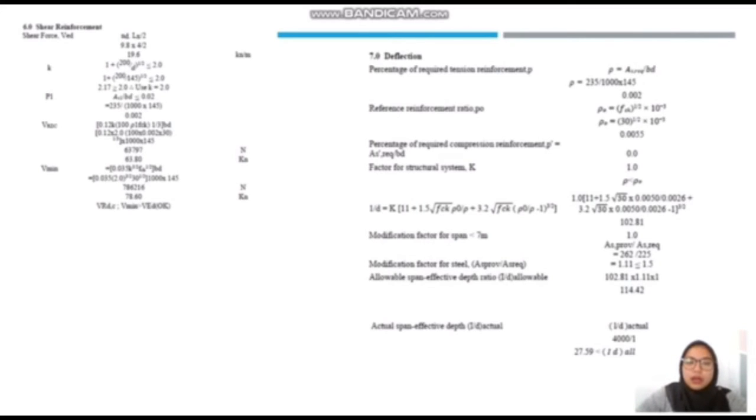And then calculate the deflection. Percentage of required tension reinforcement we get is 0.002, reference reinforcement ratio rho 0 we get 0.0055, and then for percentage of required compression reinforcement As required over bd we get 0, factor for structure system K we get 1.0, so rho not more than 0, less than rho 0, rho less than rho 0.